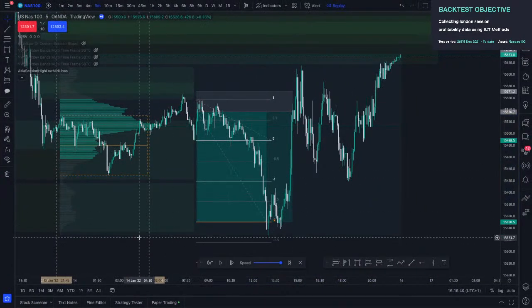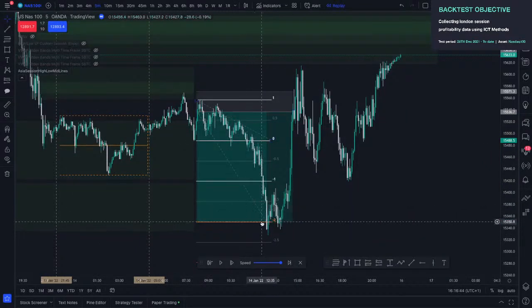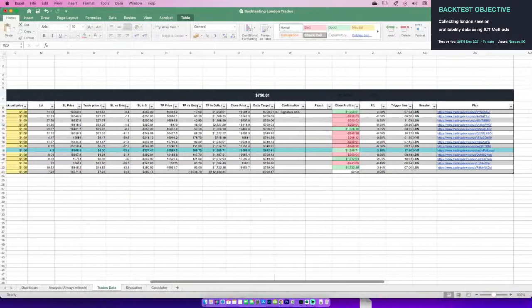It was my value area low, but yep, I'm going to use 2 standard deviation because that's a strategy anyway. 2 standard deviation was 15,350.5. And it says I lost money.